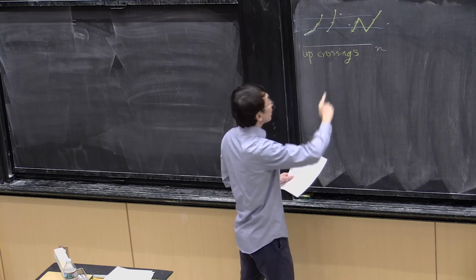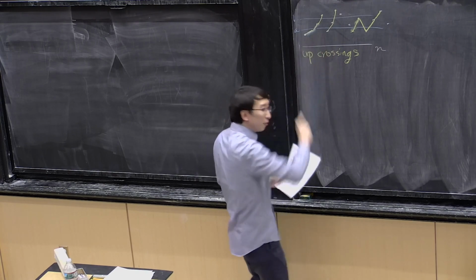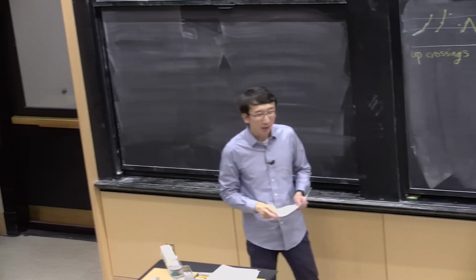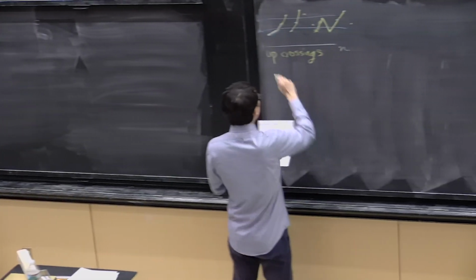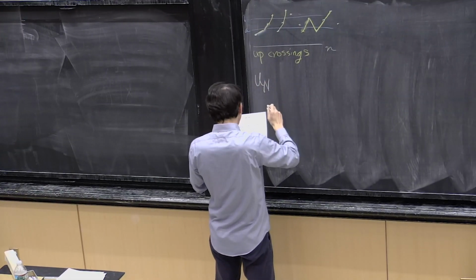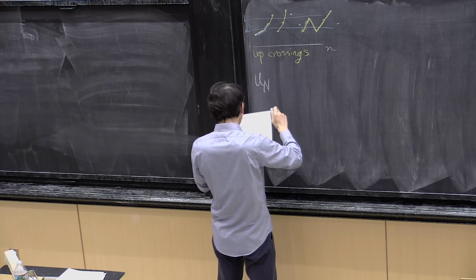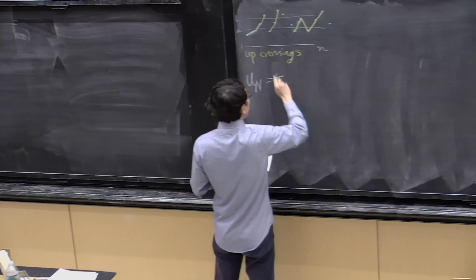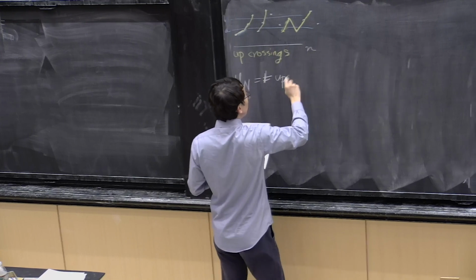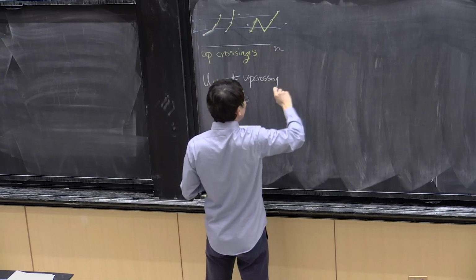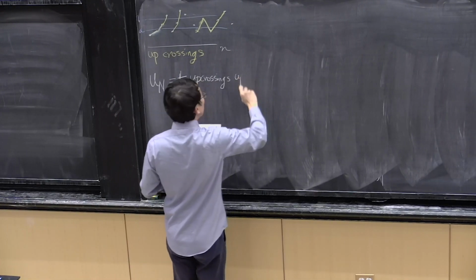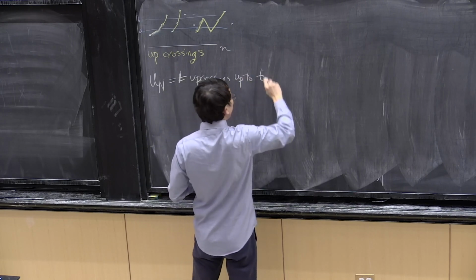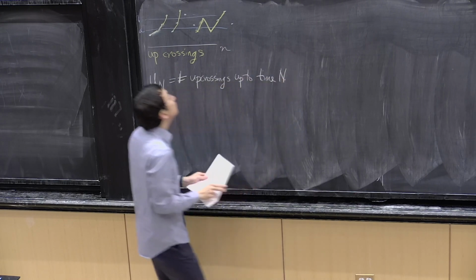So these are upcrossings. I didn't define it formally, but hopefully you understood from my picture and my description. Let me define U sub n to be the number of upcrossings up to time n.